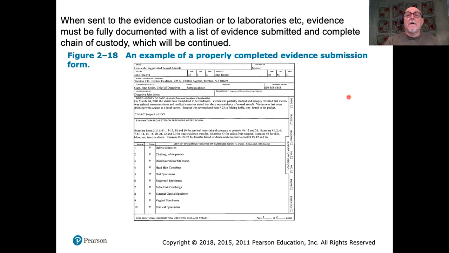Here's a typical lab form listing all of the evidence that is contained in that particular batch, together with case information, etc., and numbering of the items. And the laboratory will maintain this identity so that any results can be tied back immediately to a particular piece of evidence.